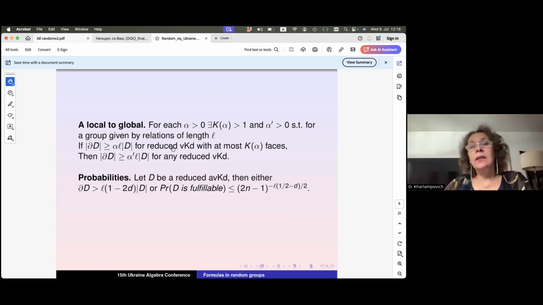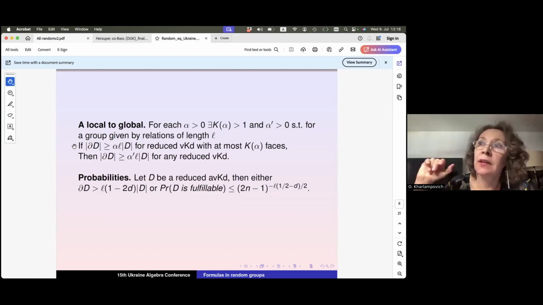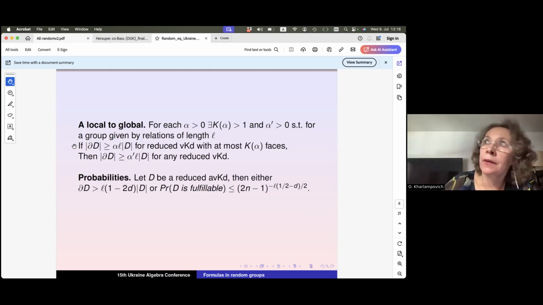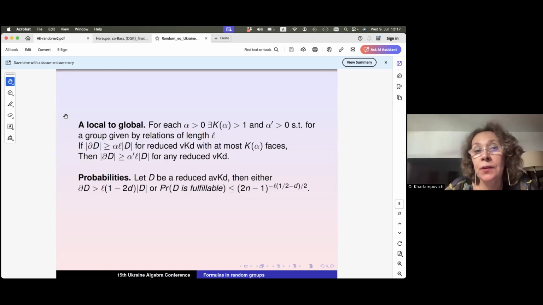And here, hyperbolicity is actually a local property. In hyperbolic space, if you can prove hyperbolicity in some neighborhood of some points, then there is this local to global property, so you can prove that the space is hyperbolic.